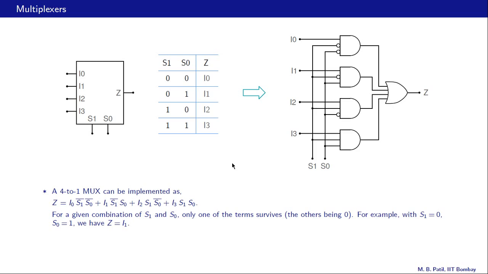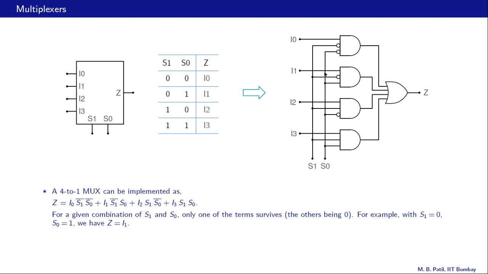Let us now look at the implementation of a multiplexer, and we will take the same example again, which is a 4 to 1 mux. Why is it called 4 to 1? Because it has 4 input lines and 1 output line. Alright, so here is the implementation. These are AND gates, and these circles indicate the NOT operation. So for example, let's take this gate.